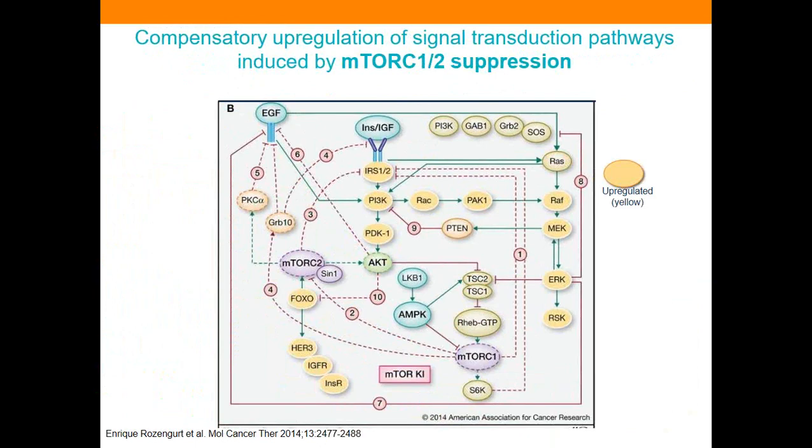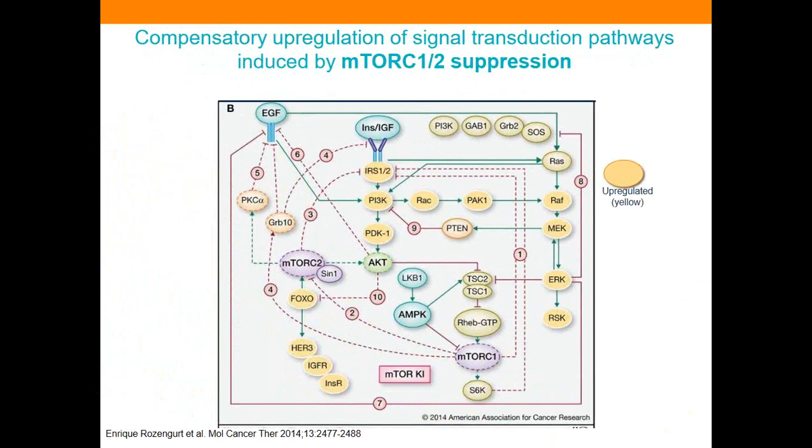So we say, instead of knocking out mTOR1 alone, we're going to knock out mTOR1 and mTOR2. The problem is that we still get effects on multiple negative feedback pathways. So we still have inhibition of the insulin receptor substrates 1 and 2.